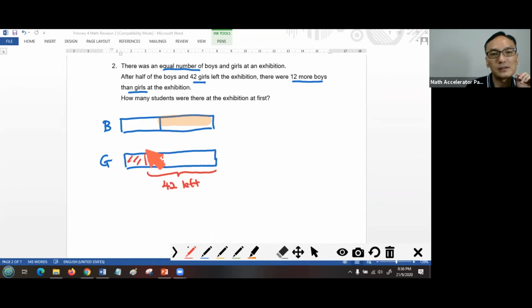The boys have 12 more compared to the girls left, right? So this is 1 unit, this is 1 unit, this is also 1 unit. From here, can you tell me what's the value of 1 unit? Right? 1 unit is 42 minus 12 equals 30.